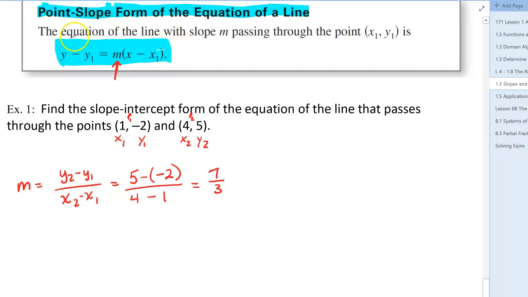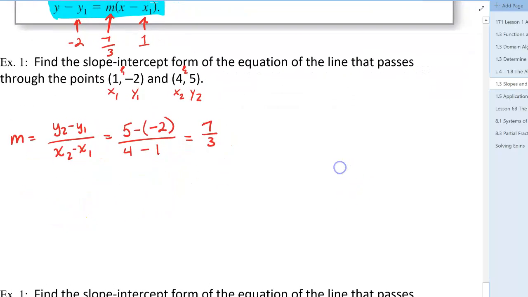Now, if I'm going to use this formula, I have 7/3, and I also have point 1, so I can plug in x sub 1, which is 1, and y sub 1, which is -2. I don't really need the other point to write the equation now that I have the slope, so I'll just disregard it.